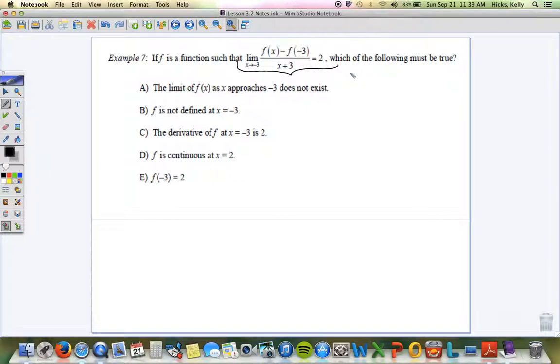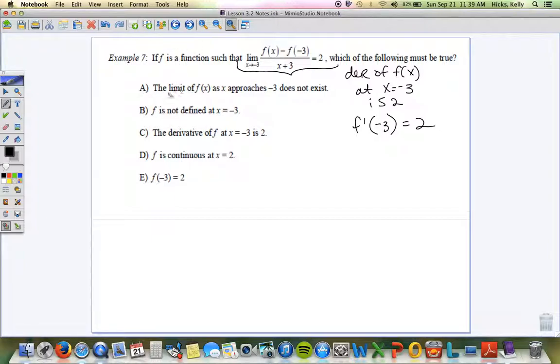That also tells us that the derivative of f of x at x equals negative 3 is 2. What does that mean? That means f prime at negative 3 is equal to 2. I'm really just saying the same thing over and over again, but I'm using different words. I hope that makes sense to you.